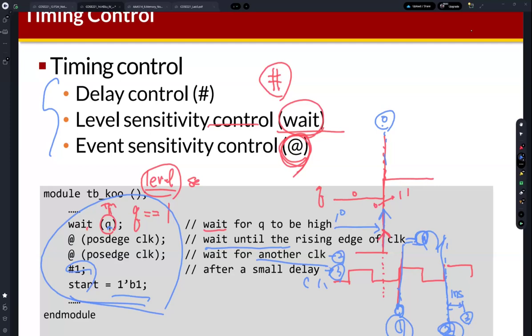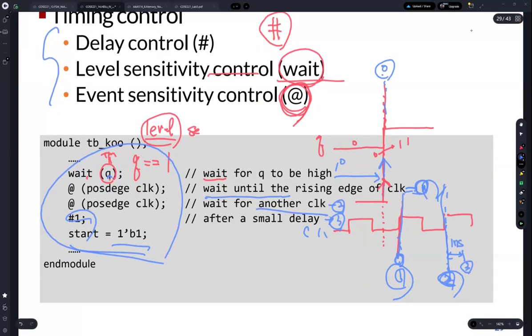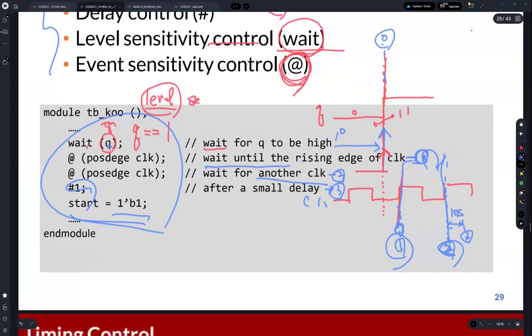As I mentioned, we need to consider timing in hardware design. This is the unique feature of HDL, hardware description languages. You are learning about hardware design in this course, so you need to understand the timing control of SystemVerilog.